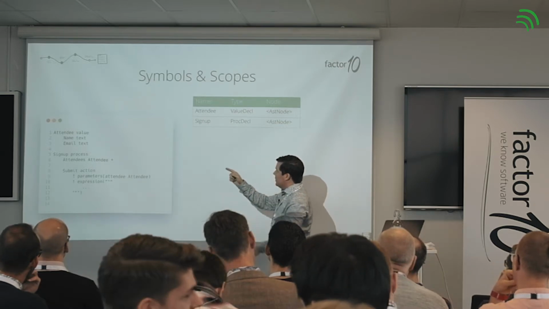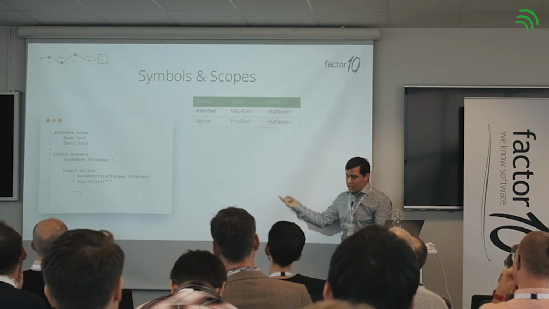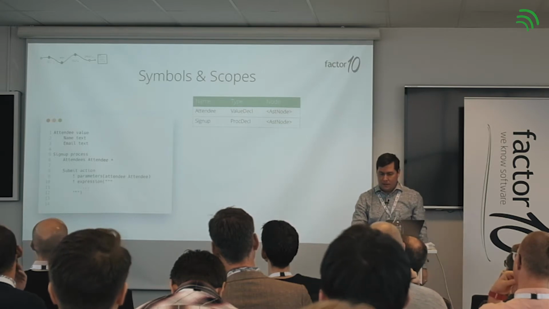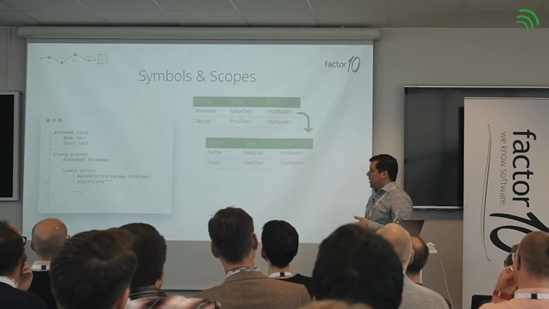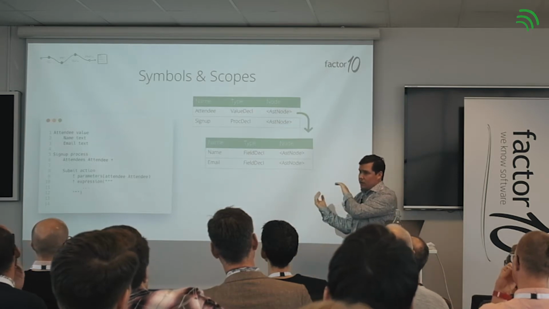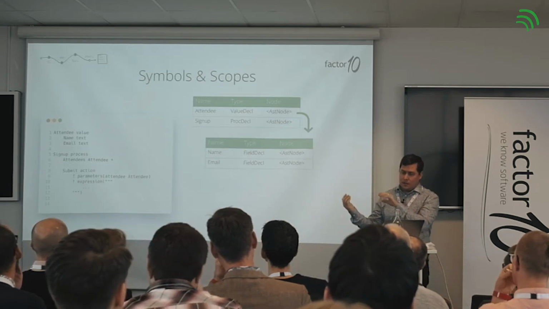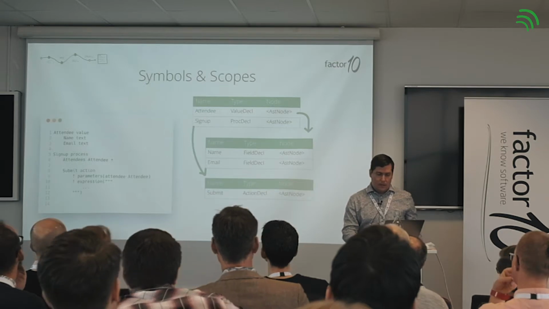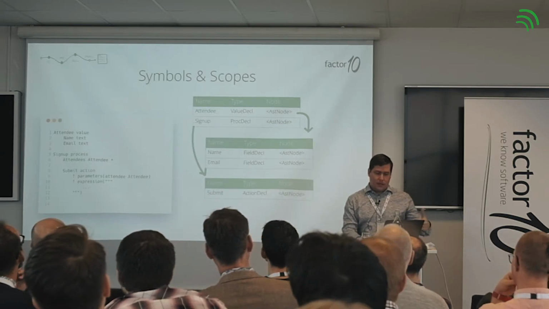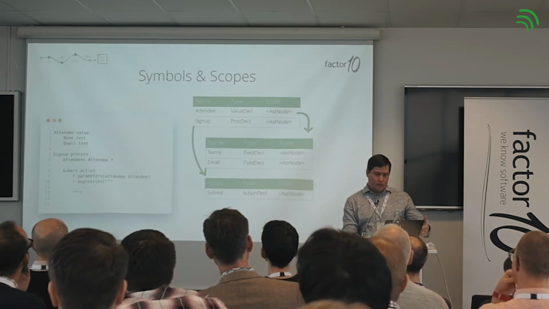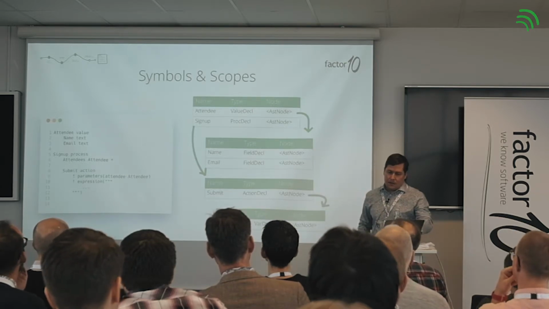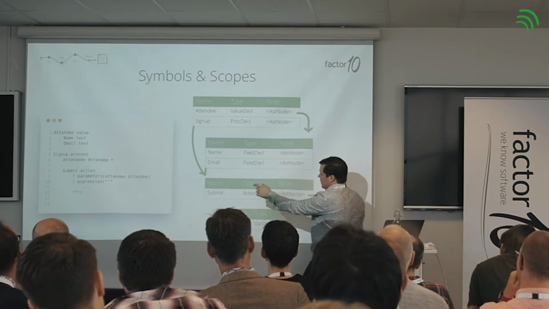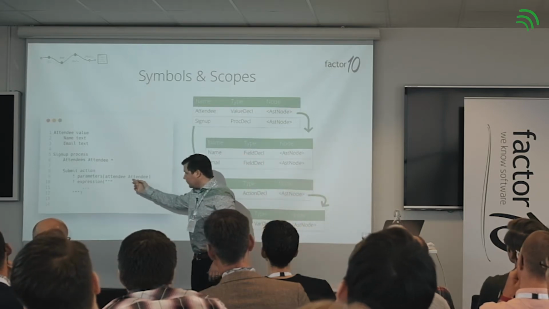We have attendee, which is a value, and then we have sign up, which is a process. The attendee has a name and email, which is in a child scope. So it's an isolated, nested scope. And then we have submit, which has its own scope. And then in submit you have attendee, which is the parameter here.